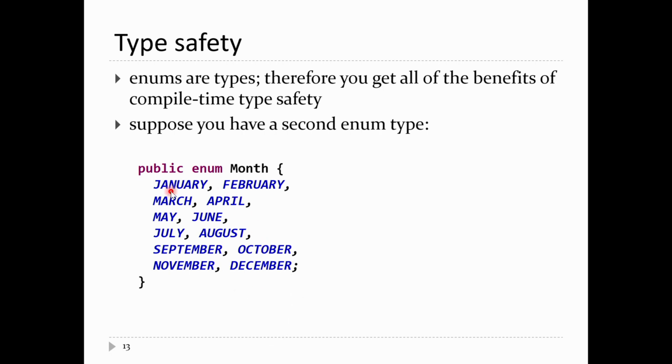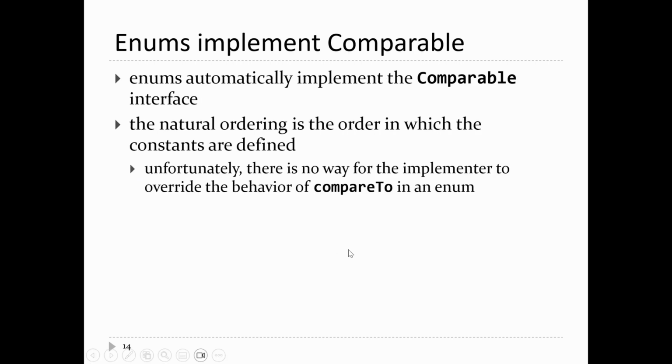January is the quote unquote smallest month, and December is the largest month. February is greater than January, March is greater than February, and so on. Unfortunately, you have no choice in the way that compareTo gets implemented for you. There's no way for you to override compareTo in an enumerated type. So whatever order you want your objects to compare in, that's the order that you have to list them in.